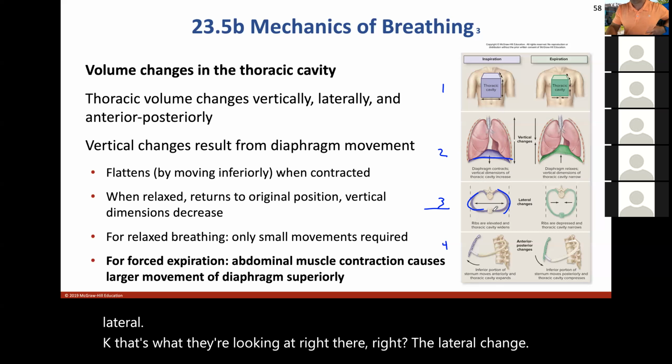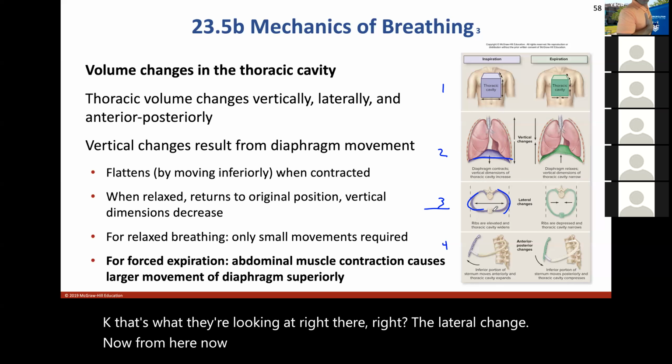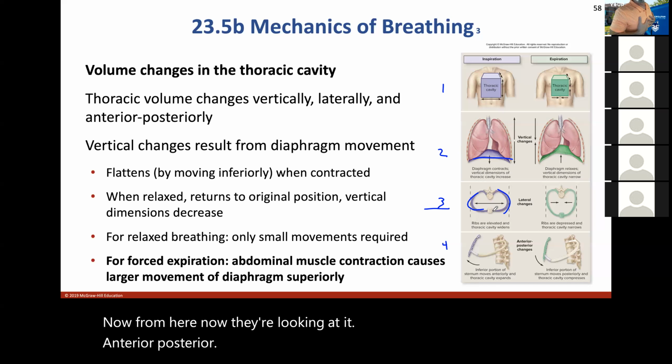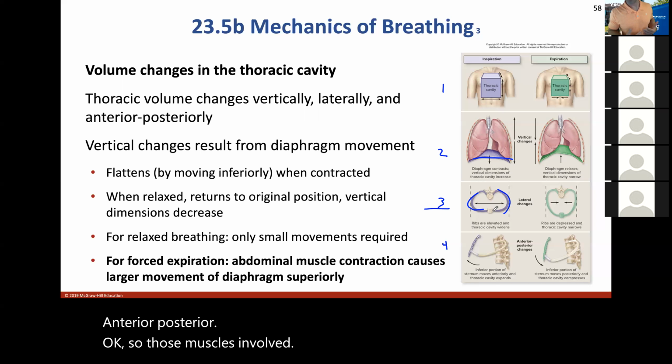Now from here, they're looking at it anterior to posterior. Those muscles involved with breathing, external intercostals, and the diaphragm drops down.